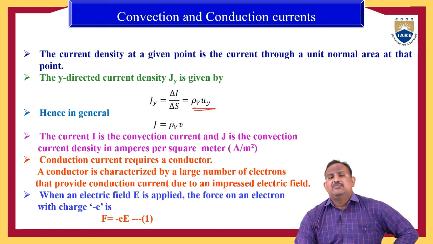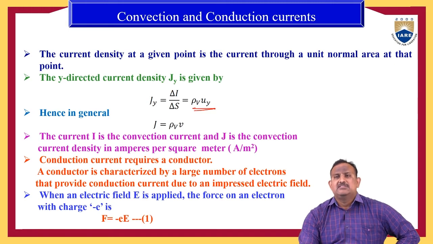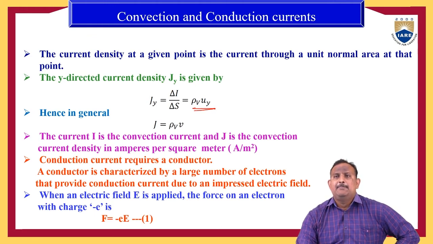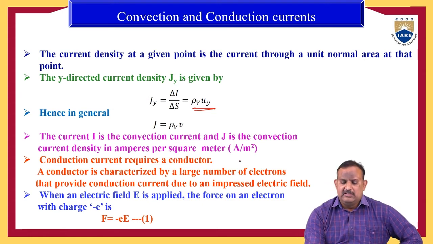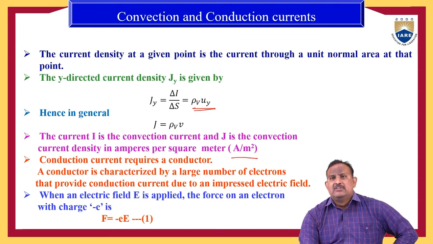The current density is the product of volume charge density and velocity. Here the current I is the convection current and J is the convection current density in amperes per square meter. So this is about the convection current density. Now we can define the conduction current density.